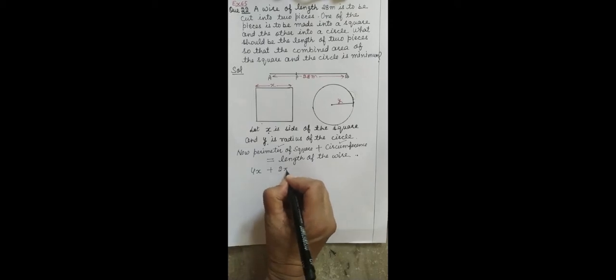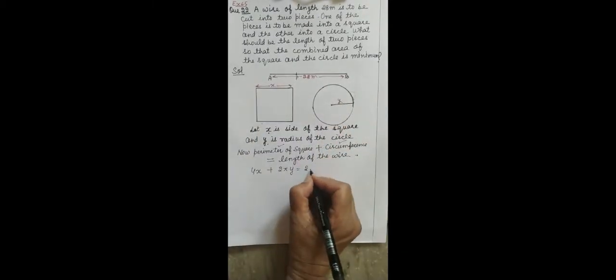Obviously it will be 4x, plus, what will be the circumference of the circle having radius y? It will be 2 pi y. And what is the total length of wire? It is 28 meter. So this is my relationship between x and y: 4x plus 2 pi y is equal to 28.